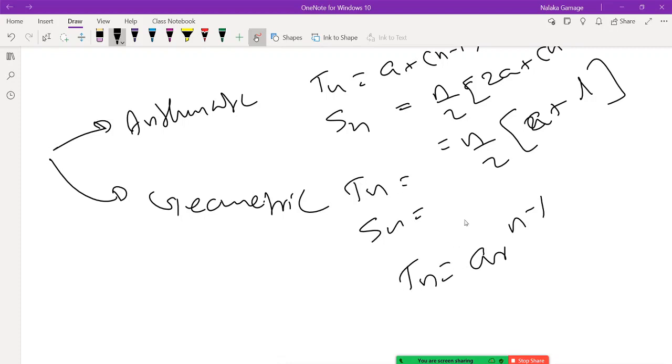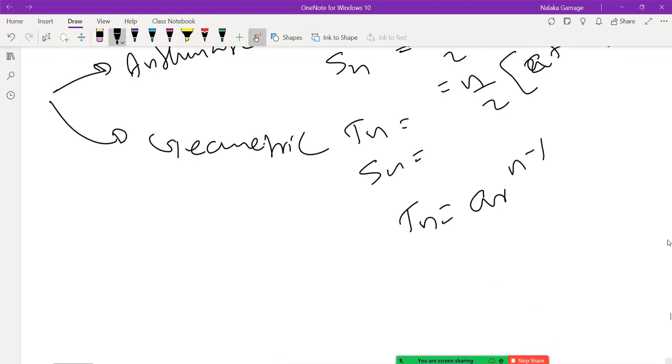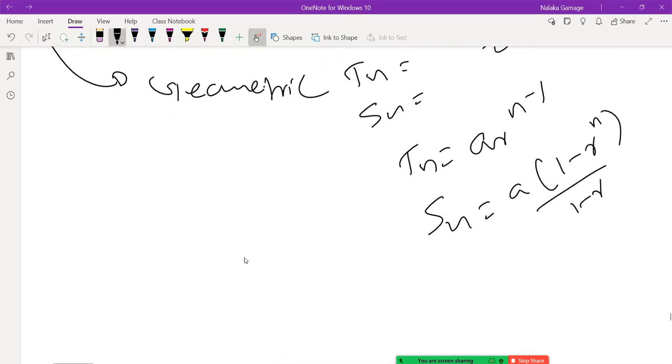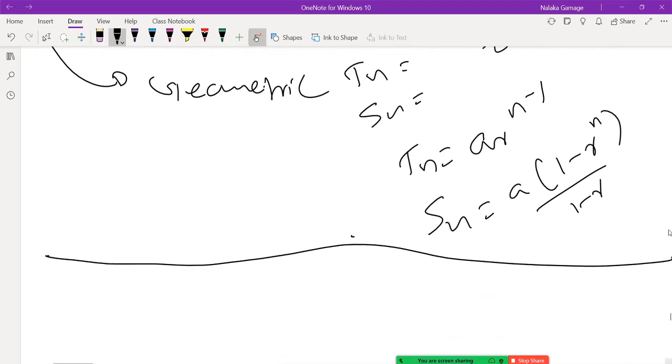Sn is a times 1 minus r to the power n divided by 1 minus r, or you can say a times r to the power n minus 1 divided by r minus 1, because if you multiply both numerator and denominator by minus 1, we are not changing the value.